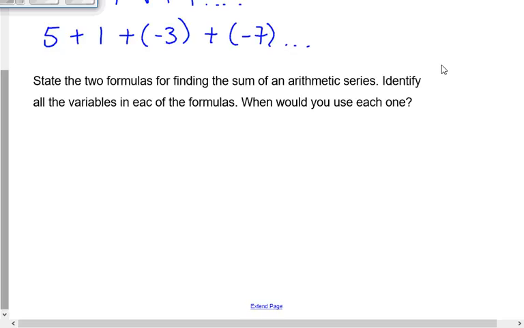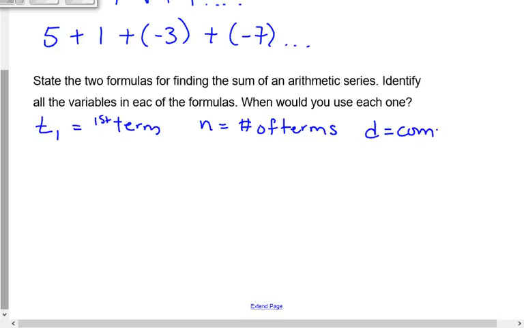So you're going to notice a lot of the same variables as before. So T1 is obviously that first term. Okay, and then we've got n is the number of terms. d is the common difference.